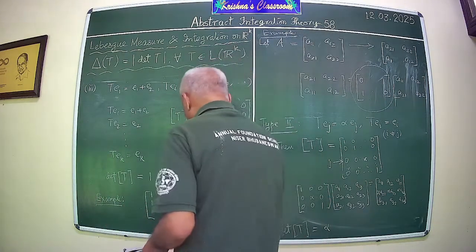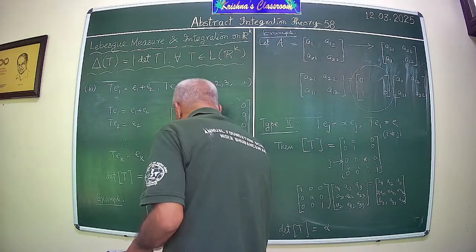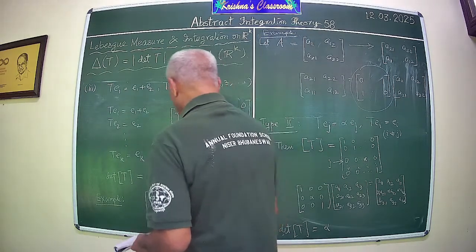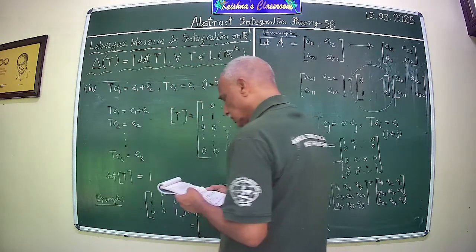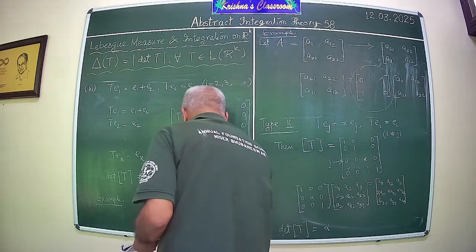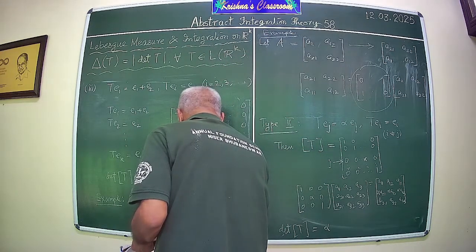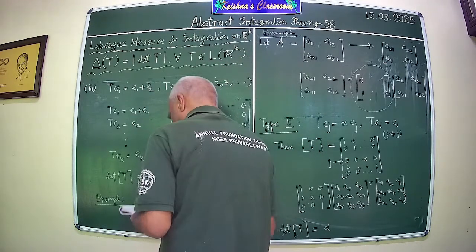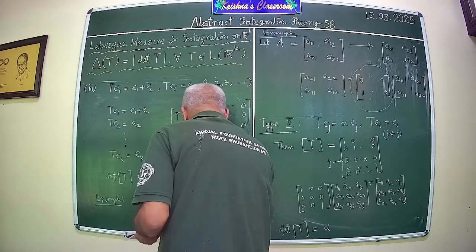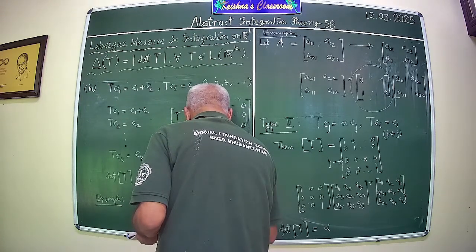You get this transforms into the following matrix. What is it? The first row remains the same: alpha 1, 1, alpha 1, 2, alpha 1, 3.